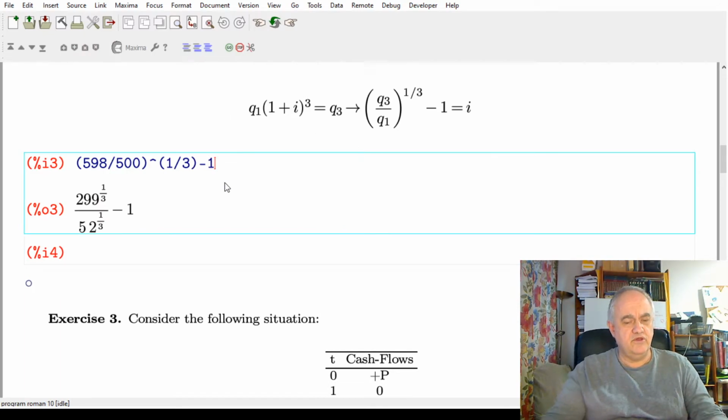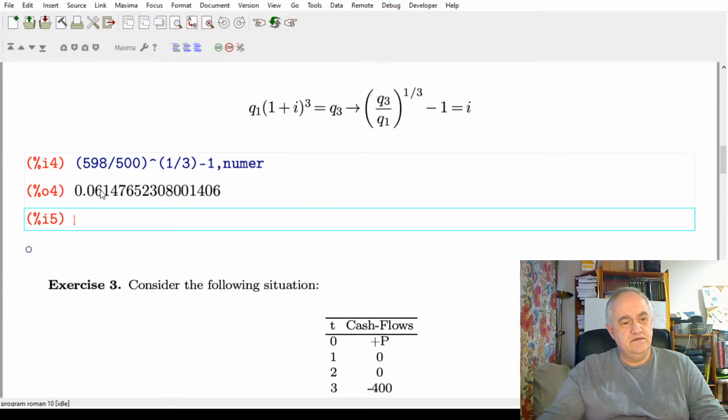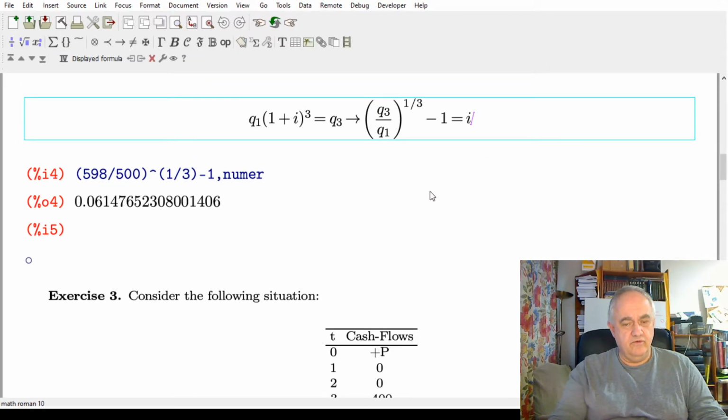Unfortunately, we don't want the exact value, but just the numerical approach. Oh, that's beautiful.